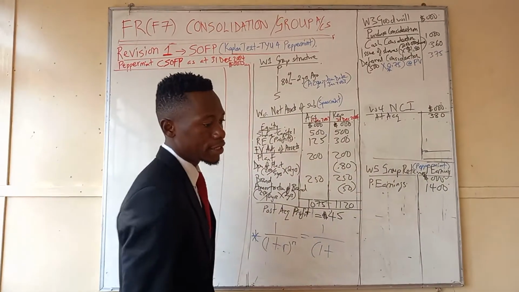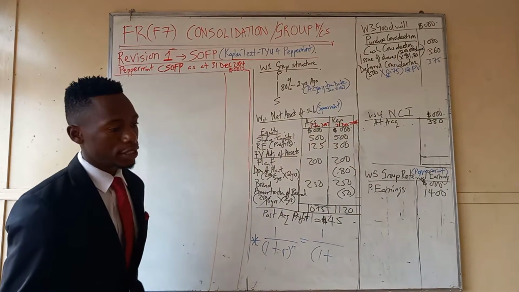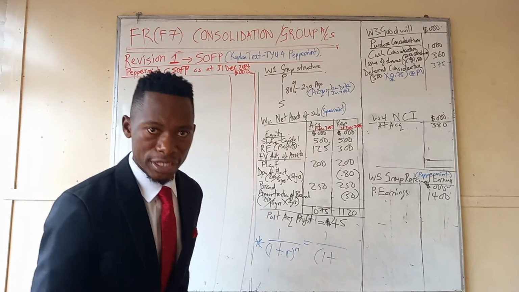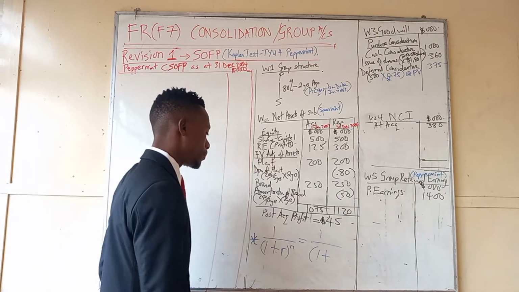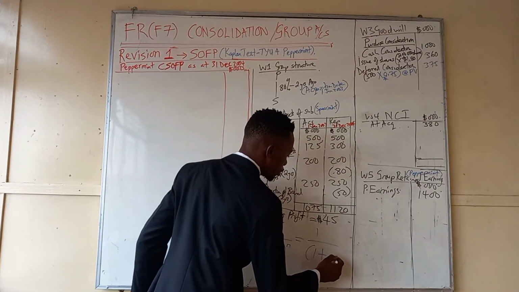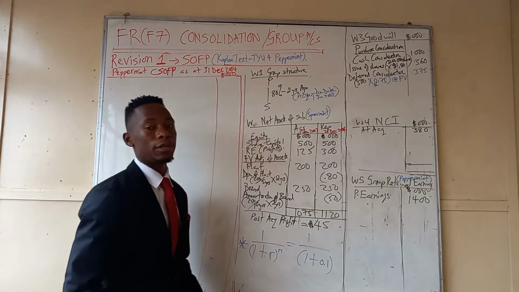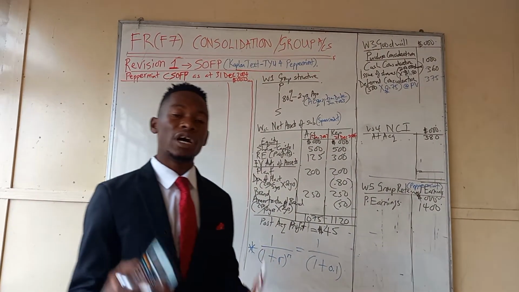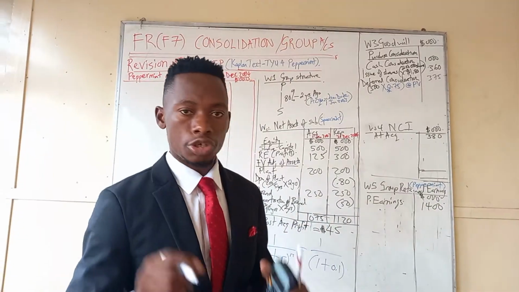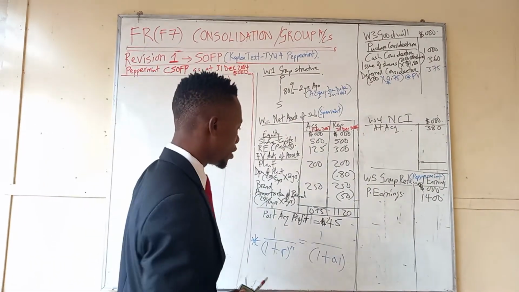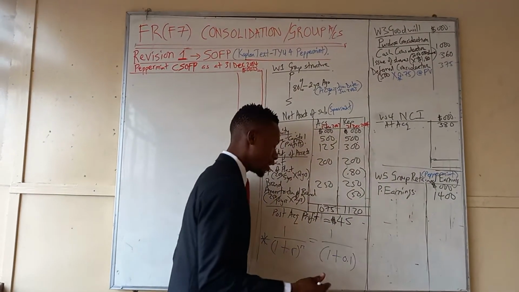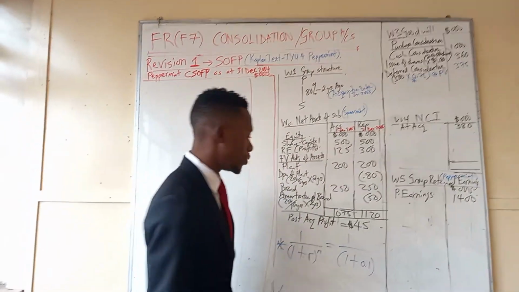They told us that the discount rate, or the current interest rate, is 10%. So 10% will be 0.1. I've seen many people making mistakes. If you are not so sure, use your calculator so that you won't make mistakes. Then to the power n, where n is the number of years until payment.